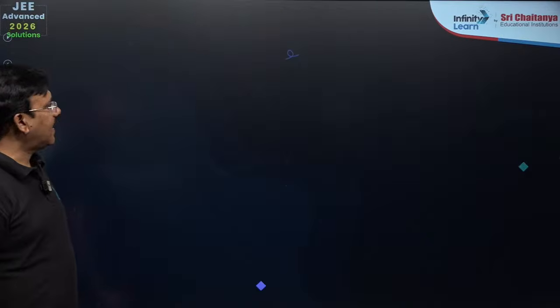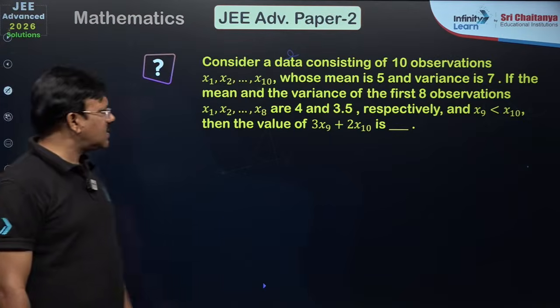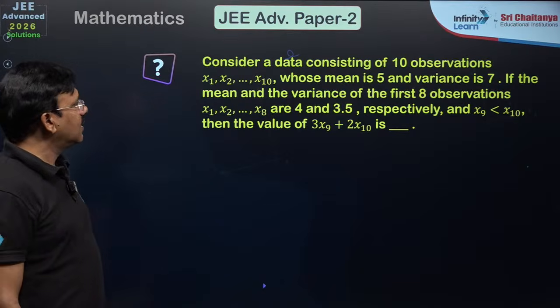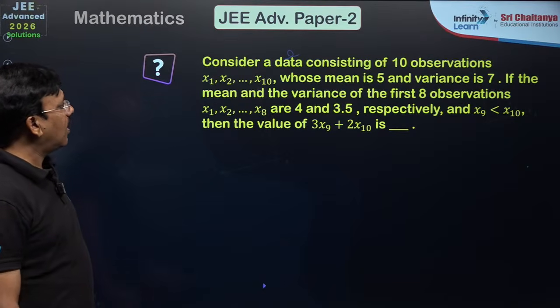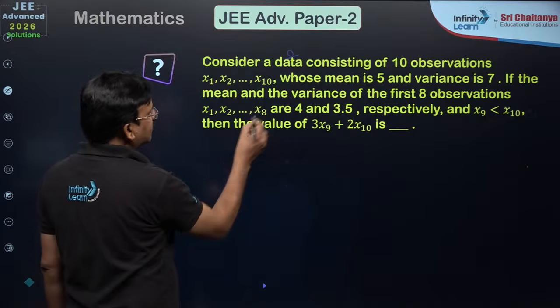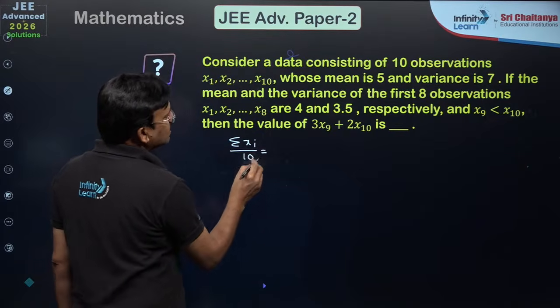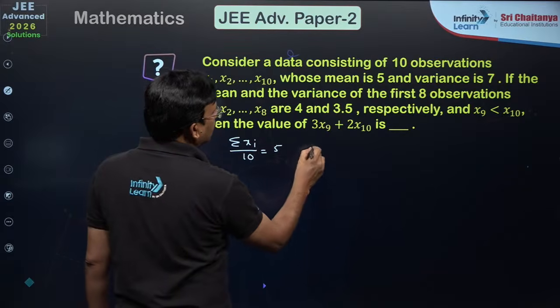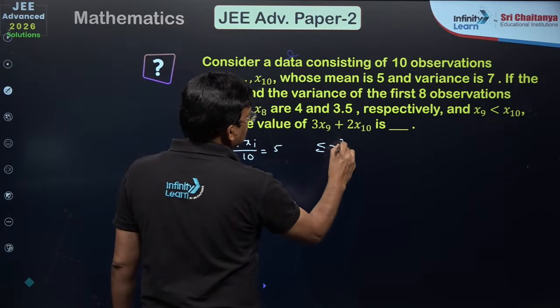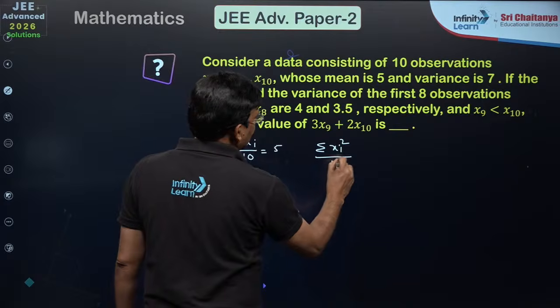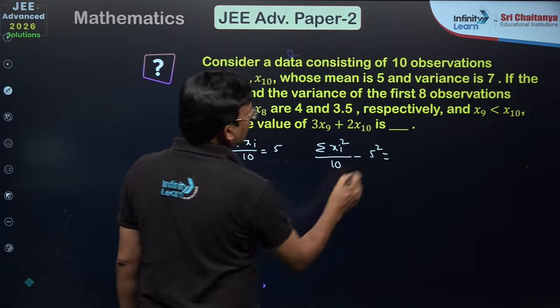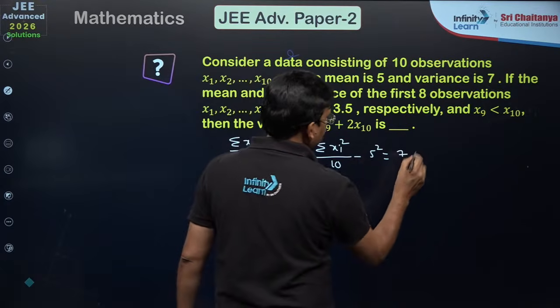Okay, right. The next, you see, this is a mains level question. There are 10 observations, for which the mean, sigma xi by 10, is going to be 5, and sigma xi square by 10 minus average square is given as 7.